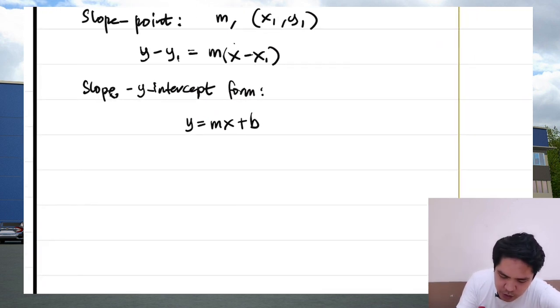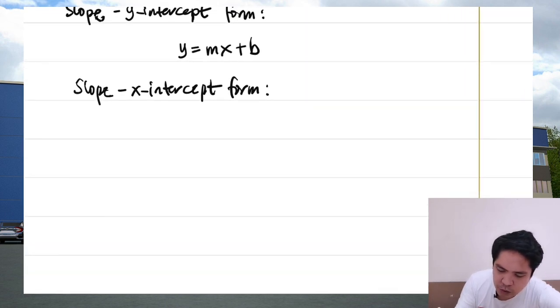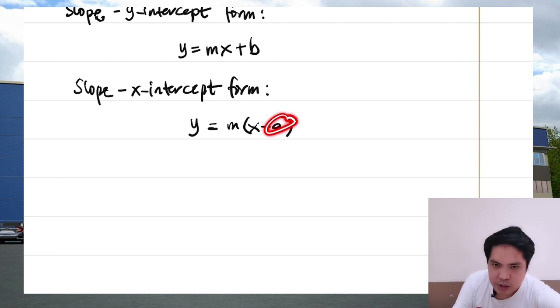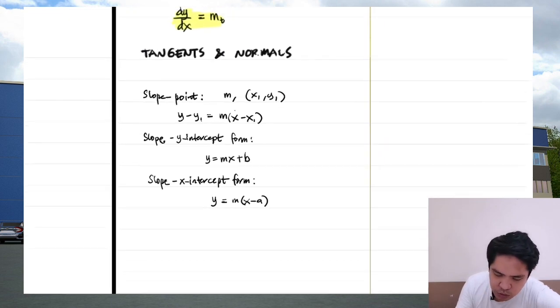And also we have the slope X-Intercept form, which is just y is equal to m times x minus a, where a is the x-intercept. By the way, here b is the y-intercept, or to recall, the y-intercept is the point in the y-axis where the line crosses or passes through. The same with the x-intercept, that is the point in the x-axis where the line is passing through.